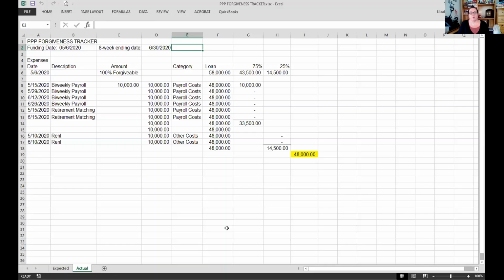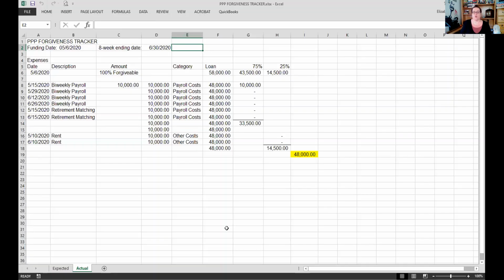So one of the things that the PPP application asked for was total number of employees. And that definition was full-time, part-time, it didn't matter. And it had nothing to do with FTE. So I think there will be some certification that you are providing the FTE numbers for your comparative periods at the time of forgiveness.